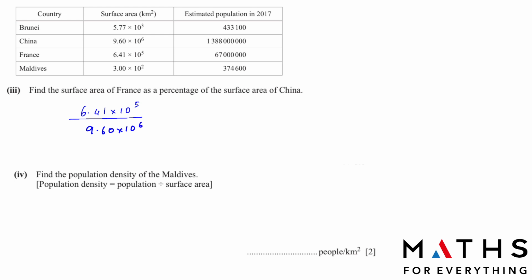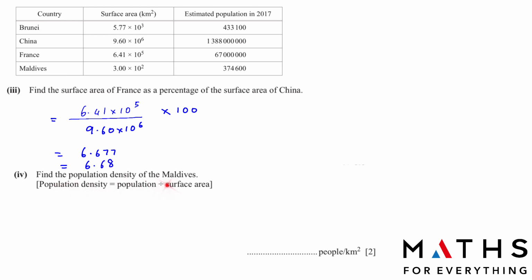Because we want to write it as a percentage, we are going to multiply by 100. If you have a scientific calculator, well and good, you can get your answer directly. I can round it to 1 decimal or 2 decimals. It's fine. We'll round it to 2 decimals, 6.68.